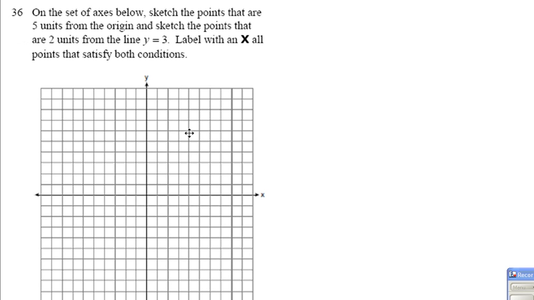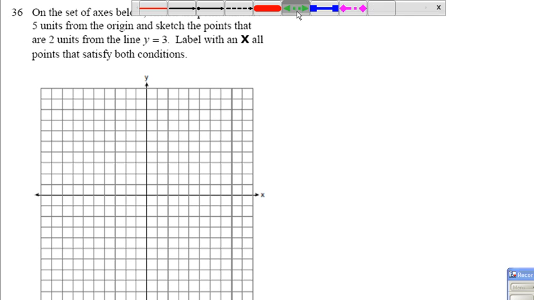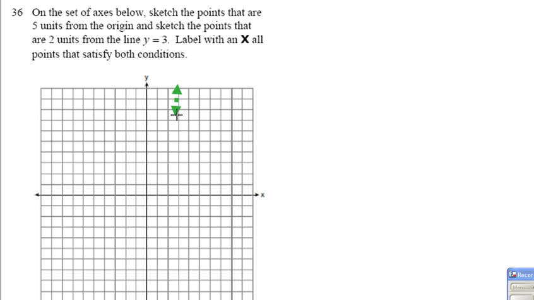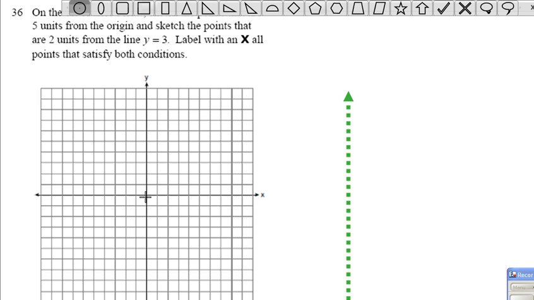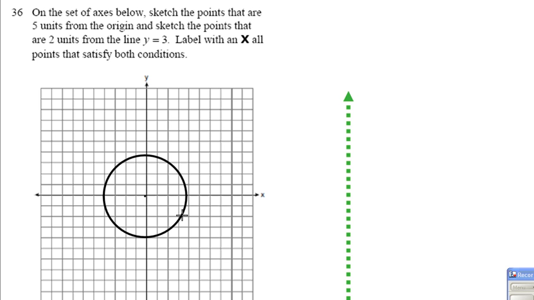Alright, so here we have y equals 3. Oops, my bad. Let's get all the points that are 5 units from the origin. 5 units away from the origin, and then 2 units from the line y equals 3.